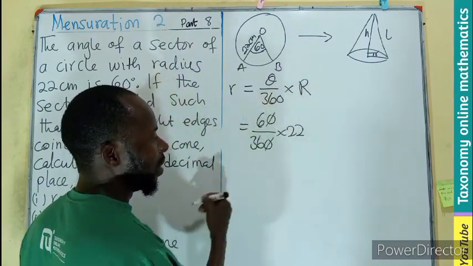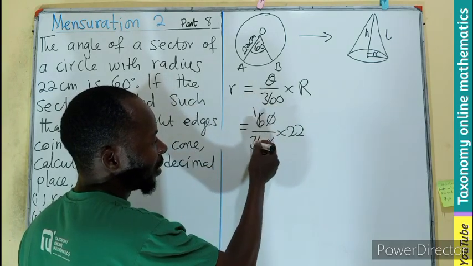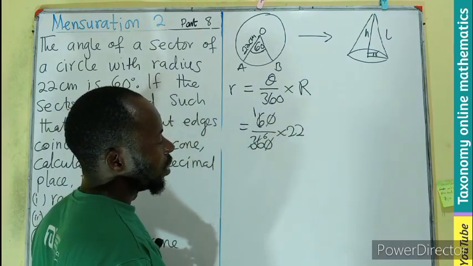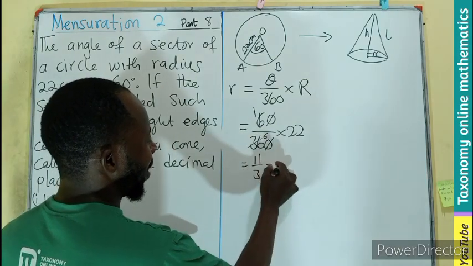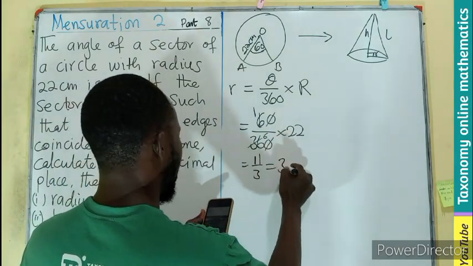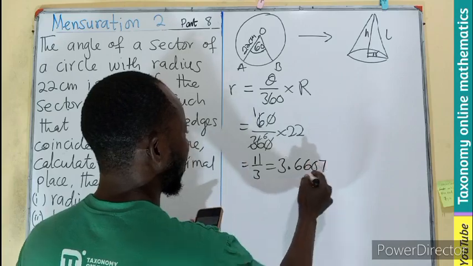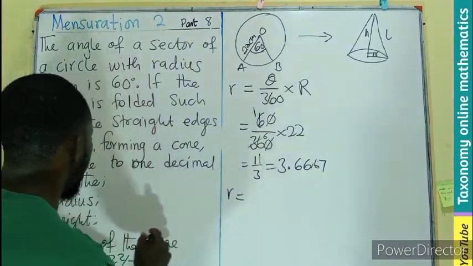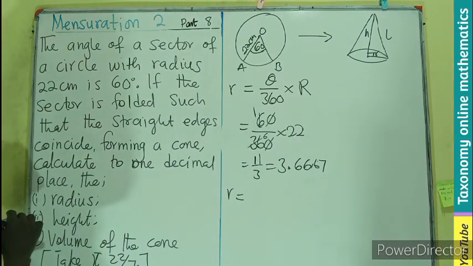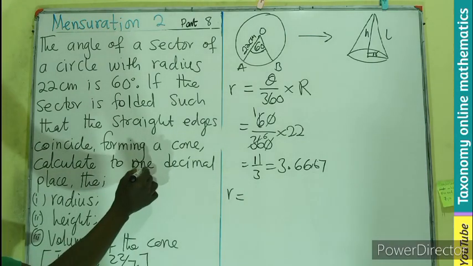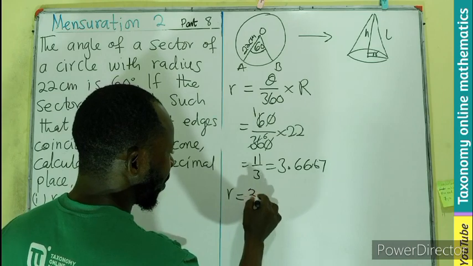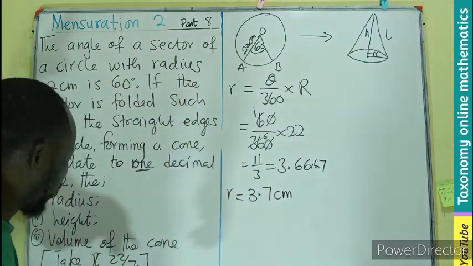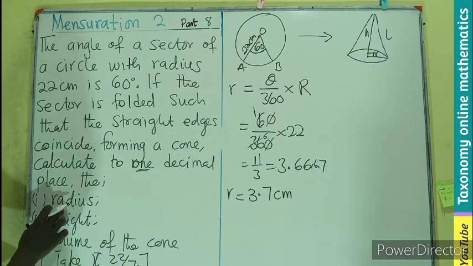I believe we cancel, go here 1, go here 6. So we have 22, let's say 11 divided by 3, that will be 3.6667. But the radius must be given to how many decimal places? One decimal place. So we have 3.7 centimeters. So the radius is 3.7.